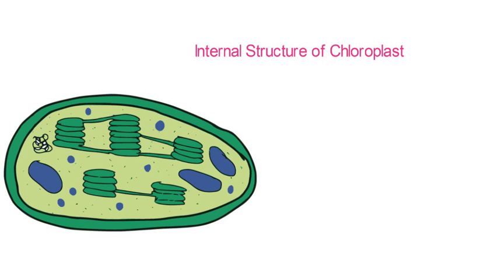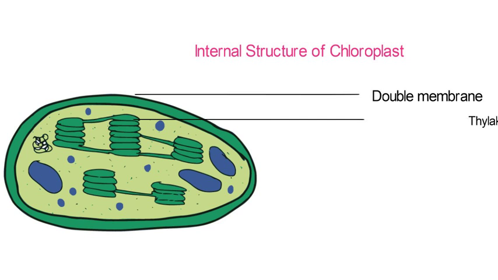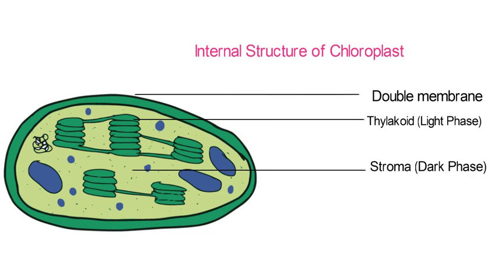Let us see what the main site of photosynthesis looks like, that is, the structure of chloroplast. These are double membrane structures having mainly two parts. Number one is a disc-shaped structure called thylakoid, which is the site of light-dependent phase. And the second part is the fluid part called stroma, which is the site of light-independent phase.